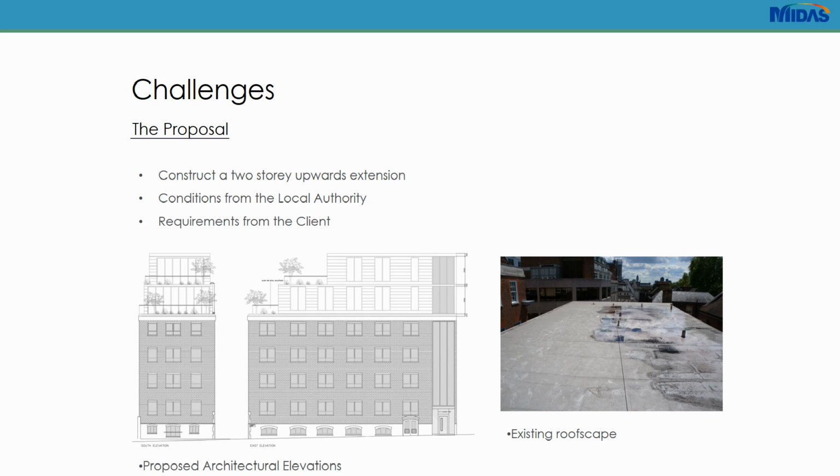And also, obviously, the requirements from the client. The new extension had to have as much area to be lived in as possible, and at the same time stay within the requirements of the local authorities.